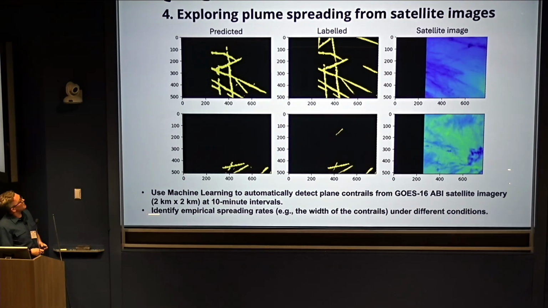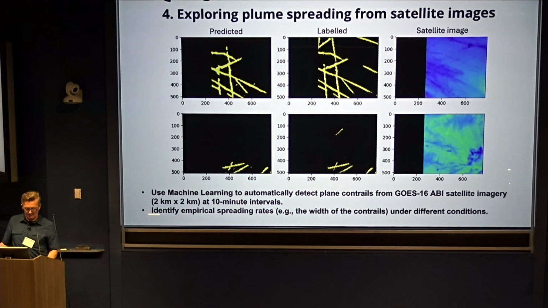Finally, exploring plume spreading from satellite. This is, again, the idea of using contrail observations, upper tropospheric clouds made by aircraft, which occur frequently. We can look at them in long-wave imagery or even in short-wave satellite imagery, and then potentially derive spreading rates, knowing the width, and knowing something about the speed of the aircraft or the speed of the winds.